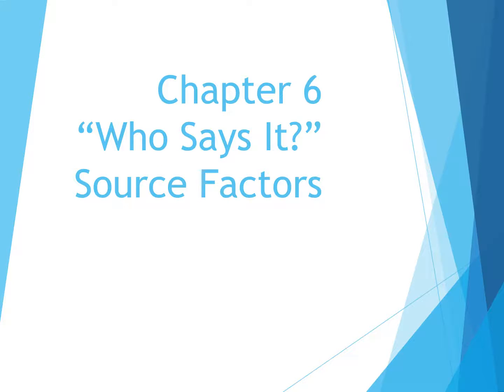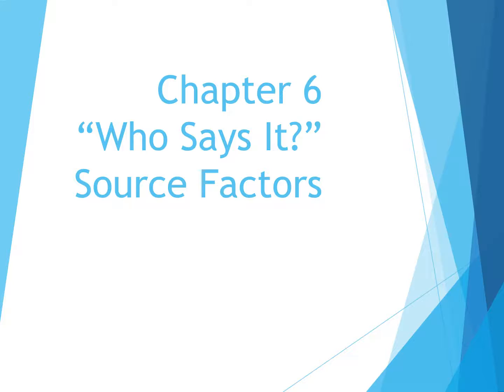Chapter 6 deals with source factors, and one of the most influential aspects of persuasion deals with the source of the persuasive message. A source can be a person who is delivering a speech or some kind of public demonstration. Sources may also be based on television, radio, or the internet.